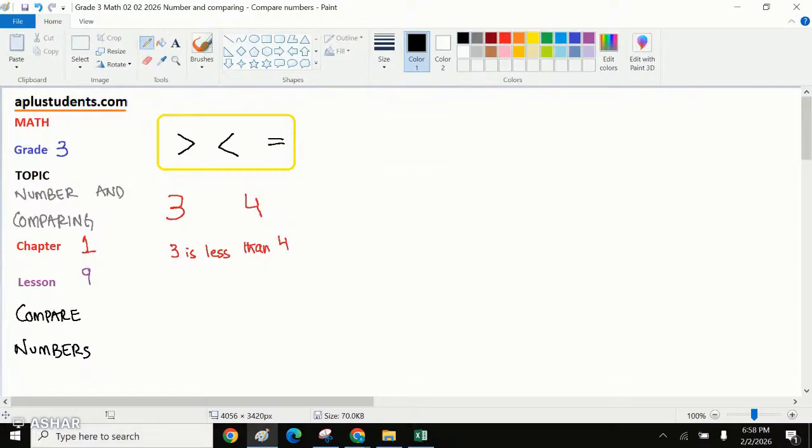See, these 3 symbols at the top, I've highlighted them in a yellow box. The open mouth is always towards the bigger value. If we consider this as an alligator mouth, it is always open towards the bigger value. So we can say 3 is less than 4 because the open end is towards the bigger value and the closed pointed end is towards the smaller value always, okay?